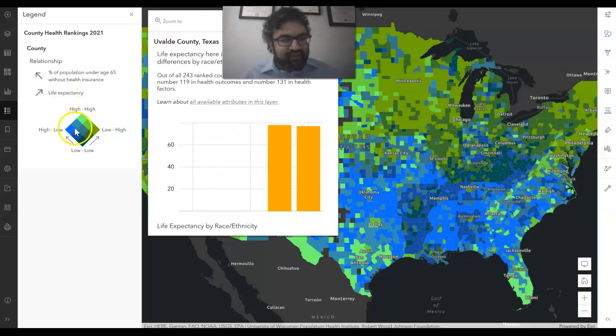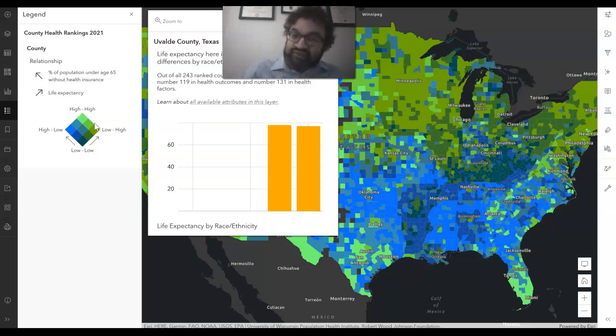And so, if you take a look, the color is not the light green where both are high, but it's actually in a shade where life expectancy is not quite that high, but the percentage of people without health insurance is pretty high. So the finding here is that the percent health insurance is affecting life expectancy in Uvalde County.